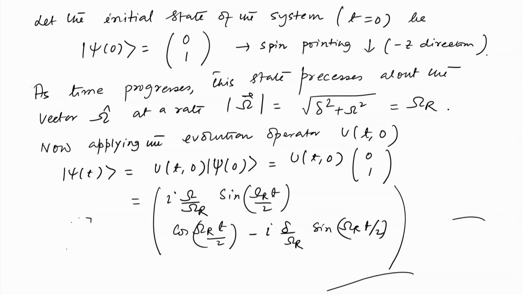It does not always stay in the spin down state; the oscillations as a function of time show a sinusoidal variation, and there is a finite probability for it to be in an excited state, and so is the other component, as shown by this expression which is the bottom part and so on.